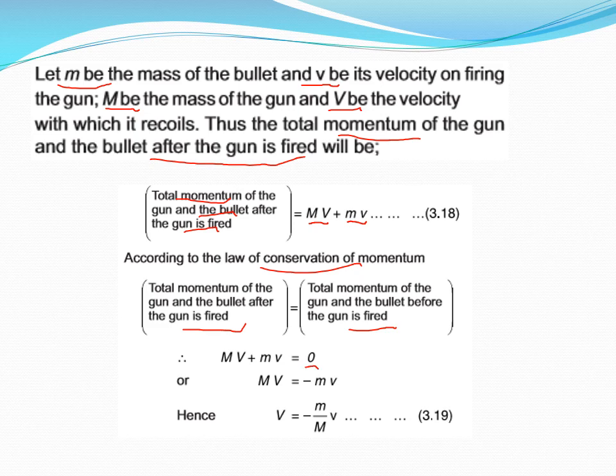Before firing it is zero, and after firing it is capital M capital V plus small m small v. Now rearranging this equation, we take mv to the other side, and finally capital V, the velocity of recoil of the gun, is equal to minus the ratio of small m, the mass of the bullet, to capital M, the mass of the gun, into small v, the velocity of the bullet. This is the consequence of the law of conservation of momentum on this bullet and gun example.